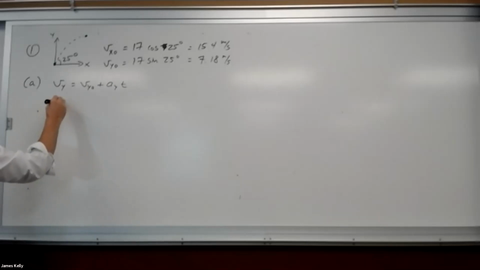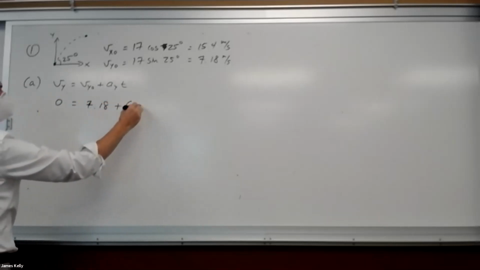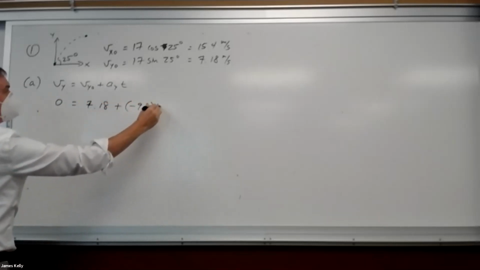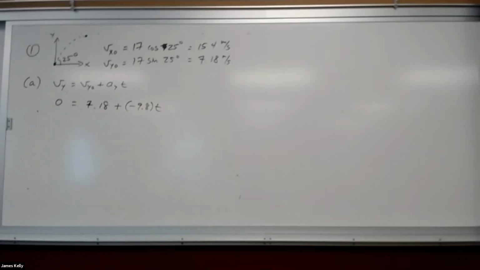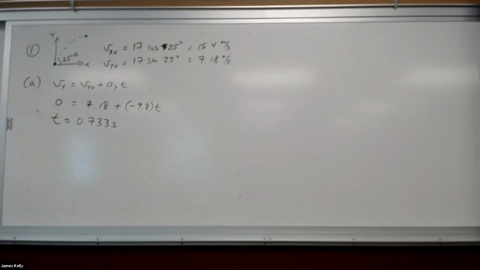So this would be 0 equals 7.18 plus minus 9.8 times t. And I could calculate t, and I get 0.733 seconds. Please let me know if you don't agree with my numbers, because I just calculated them right before class.